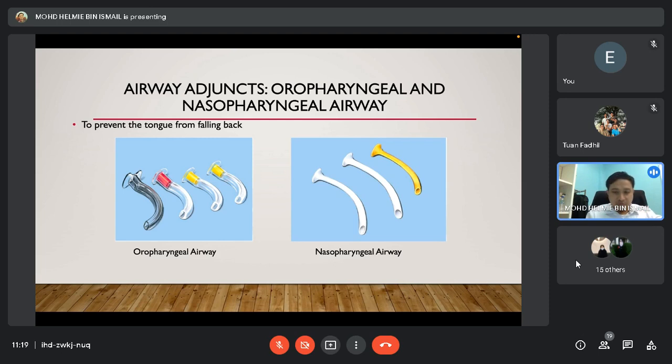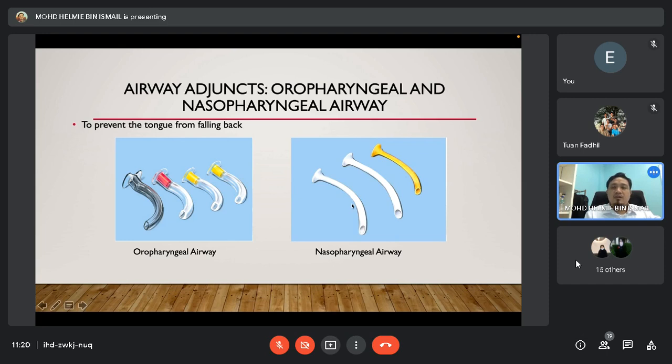Otherwise, for the nasopharyngeal airway, if the patient is suspected of having maxillofacial injury, comes with epistaxis, a very abnormal contour of the face, you cannot insert a nasopharyngeal airway.